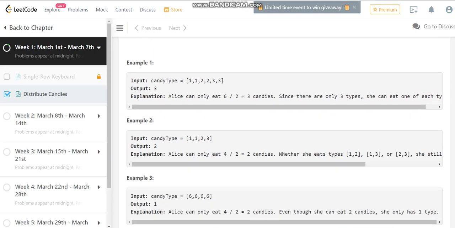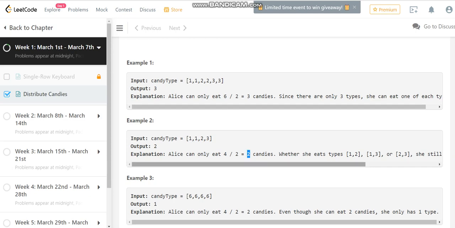Let us check this particular test case, wherein Alice has candy 1 twice, 2, 1 and 3. So there are basically 3 different types of candies, but Alice can only eat n by 2, that is only 2 candies.